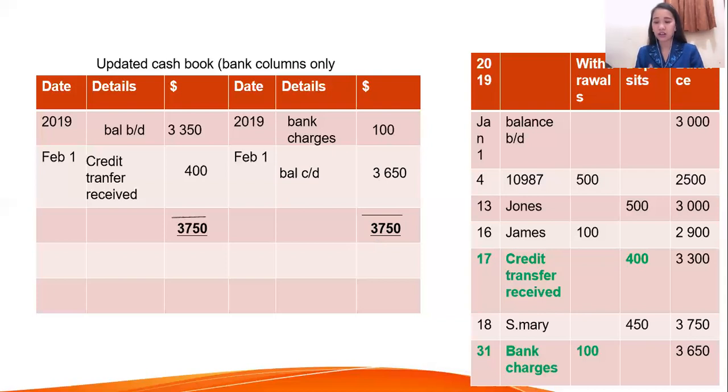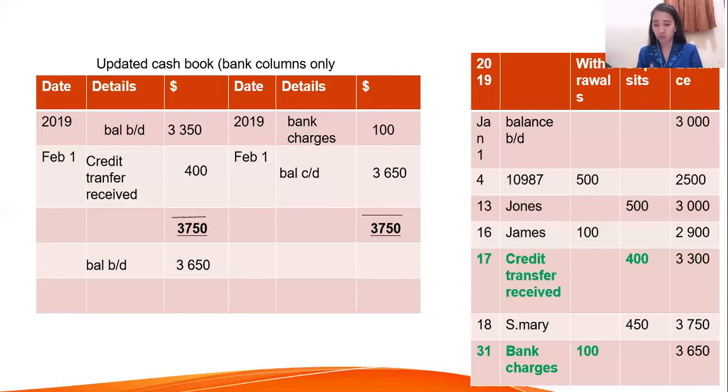All of this is on February 1st because we update the cash book at the end of the month. Okay, in here, the bulk CD becomes 3,650. So it means the bulk BD on the debit side is 3,650.